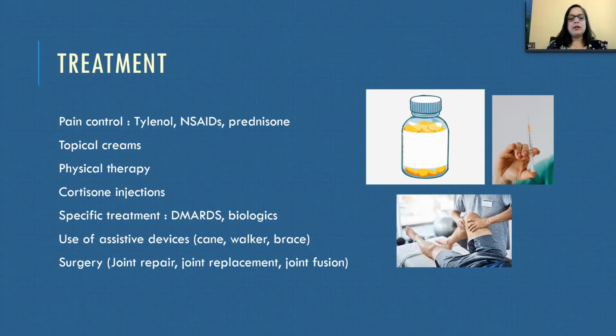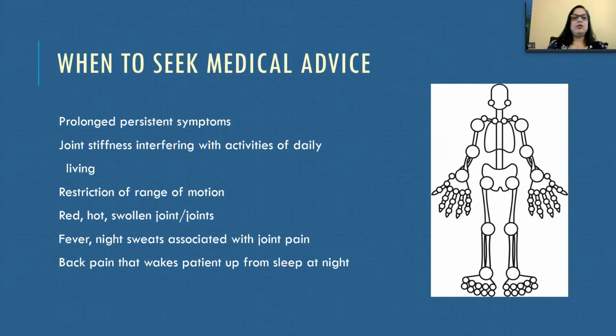A cane, walker, or a brace is commonly used. Braces are available over the counter and can give support and stability while walking. If surgery is required, a referral to the orthopedic surgeon is needed, and they can be useful for joint repair, joint replacement, and or joint fusion.